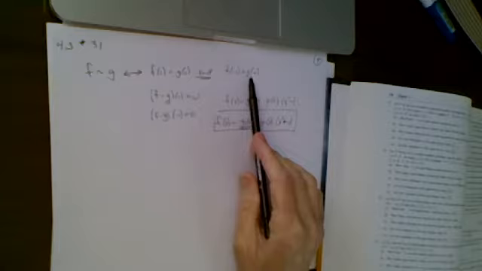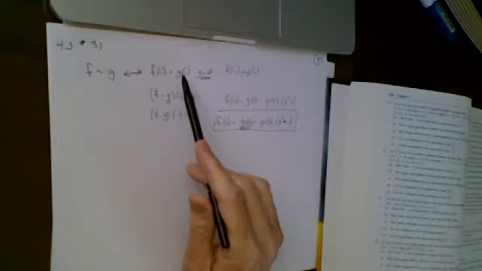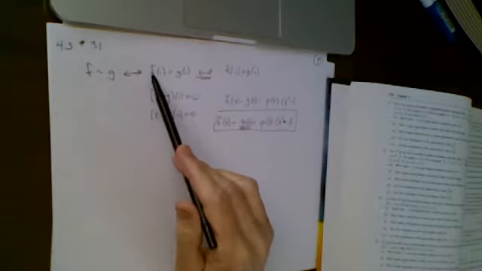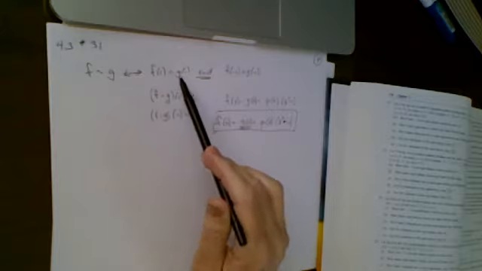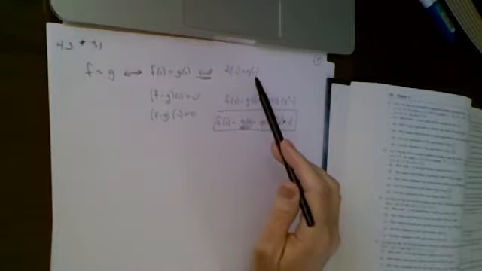If you want to know if g is related to f, then you're saying, does g give you the same value as f at 1? Well, yes, if f of 1 equals g of 1, then g of 1 equals f of 1. And similarly, does g give you the same value as f at negative 1? Well, if f of negative 1 equals g of negative 1, then g of negative 1 equals f of negative 1. So it's also symmetric.